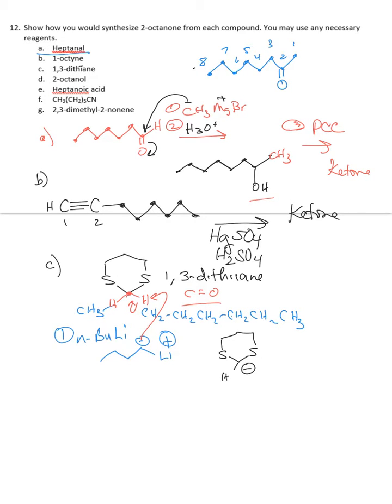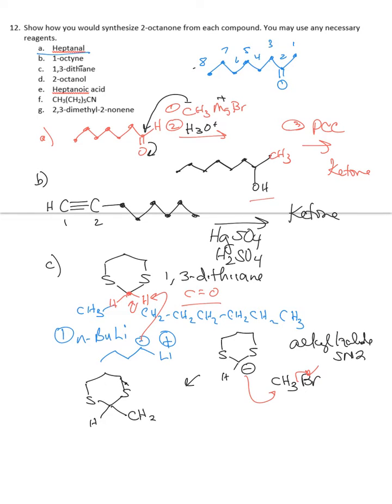Okay? Now you can react that with an alkyl halide and do an SN2 reaction. So the first thing you can do is react that with methyl bromide, and that's going to do an SN2, and now you have this compound here where you have still one hydrogen there, but you have a CH3.